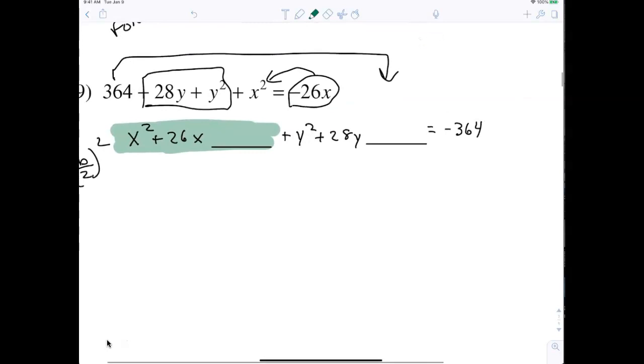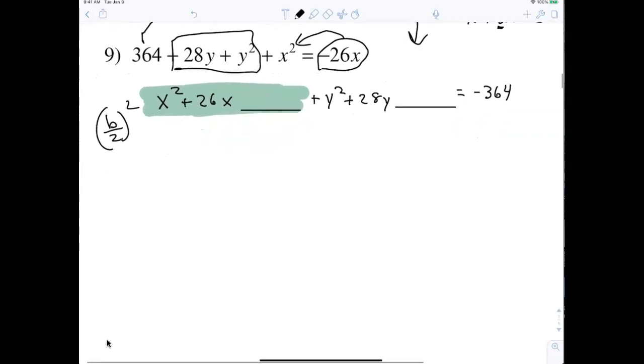So when you think of a quadratic, you're supposed to be thinking of ax squared plus bx plus c equals 0. That was the quadratic that we did last year, for the quadratic formula. So in this case, the b is simply the number in front of the x term. So what's in front of the x term?